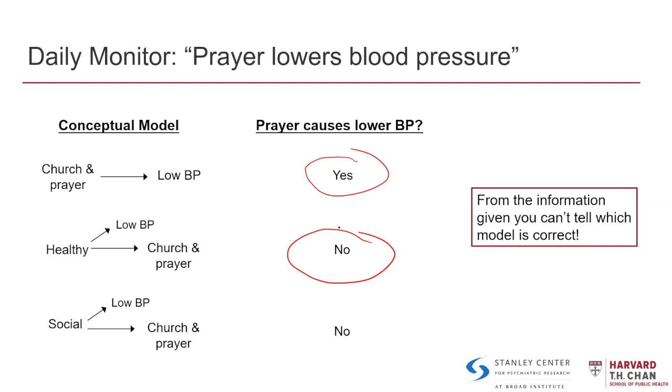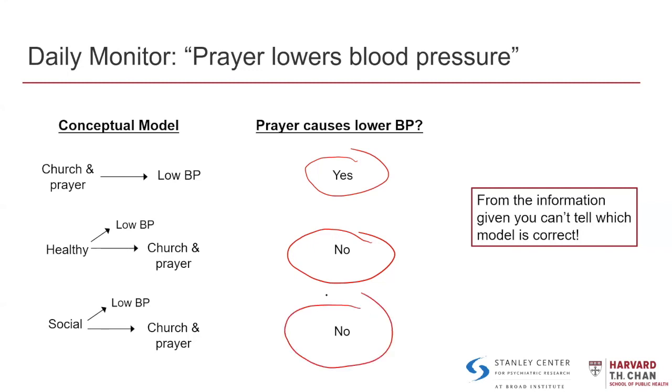We could think of a third scenario where individuals who are more likely to be social are more likely to go to church and interact with others, and they're more likely to pray. In that case, because they have less stress, they would have lower blood pressure. So in the same way as the second case, we would say prayer doesn't cause lower blood pressure, or the 2 are correlated.